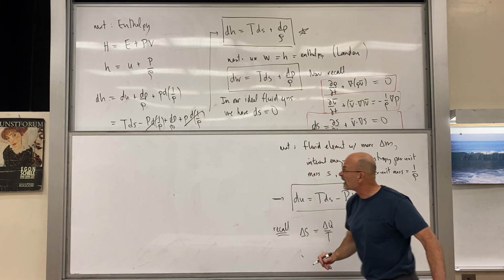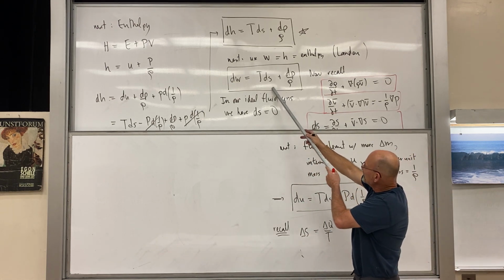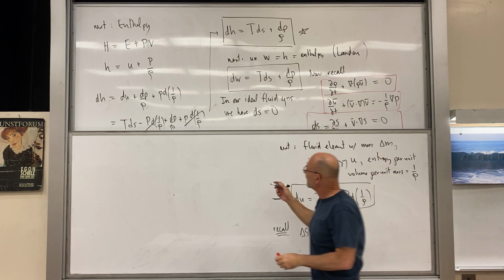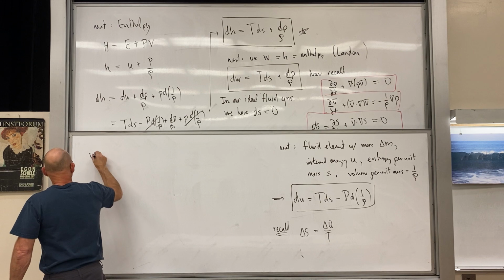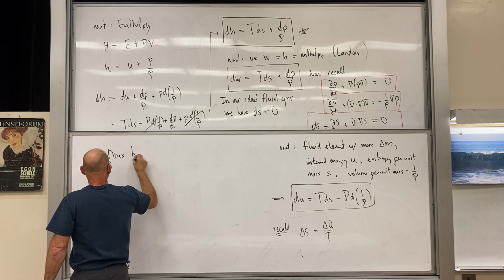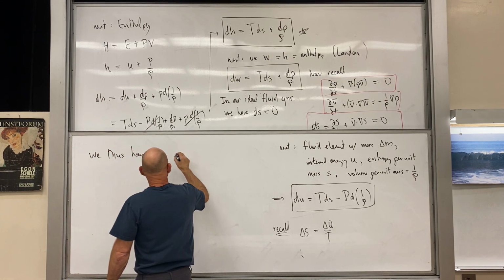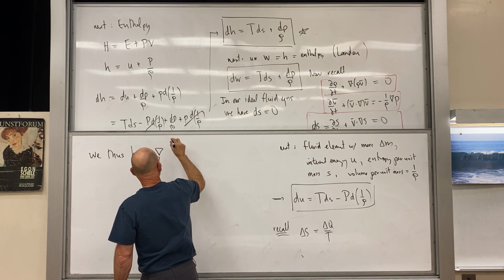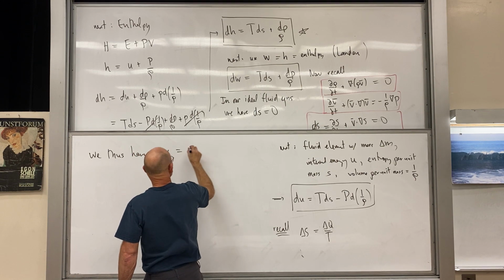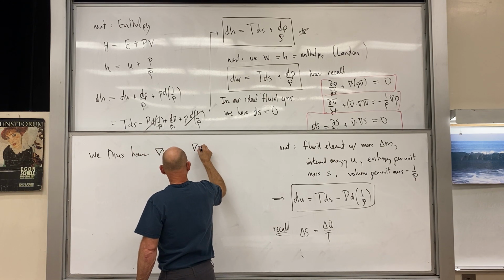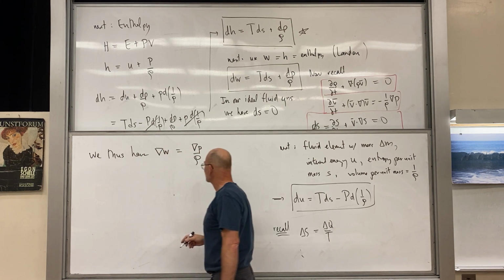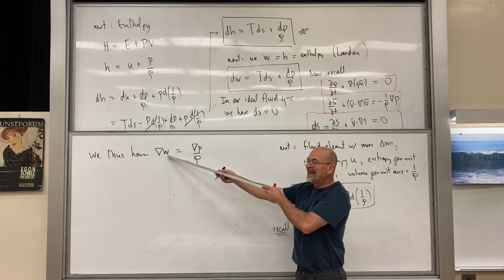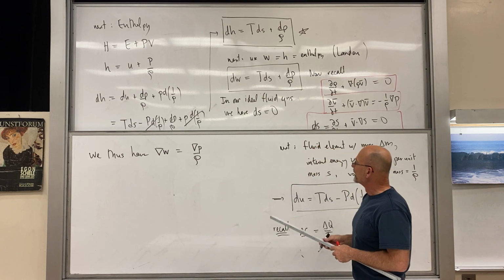So if ds is equal to 0, we just have dw equals dP over rho, and from this we have the following. We just convert this differential, we take the derivative, so we have gradient of w equal to gradient p divided by rho, where w is now the enthalpy density.